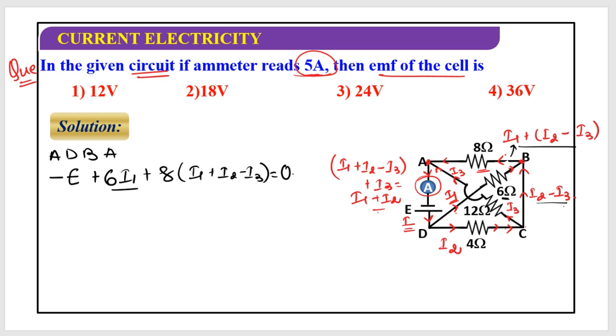So this is 6 I1 plus 8 I1, it's 14 I1 plus 8 I2 minus 8 I3. This is equal to E. This could be your first relation.